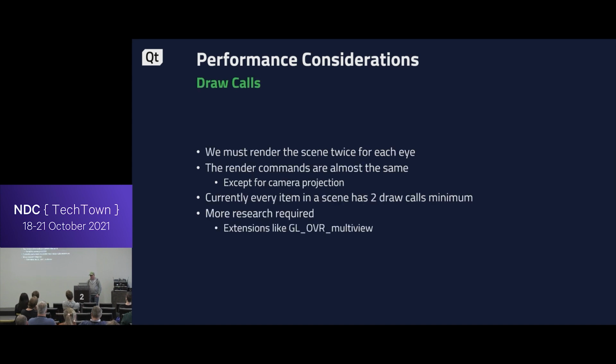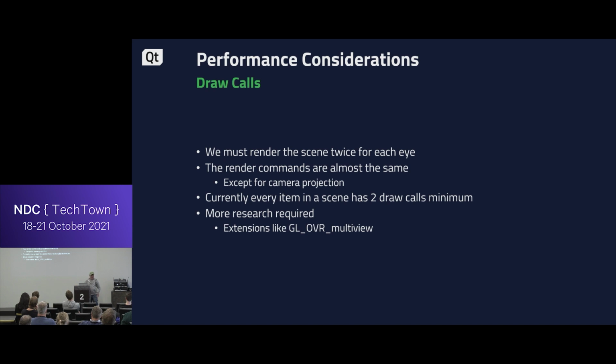And the last thing is that, just like all rendering, draw calls are your enemy. You want to reduce the number of draw calls as much as possible. With the approach that I took, as you could see in the previous description, I'm rendering the whole scene twice, once for each eye. That in itself is not ideal, because no matter what you put in the scene, you always have 2 draw calls.